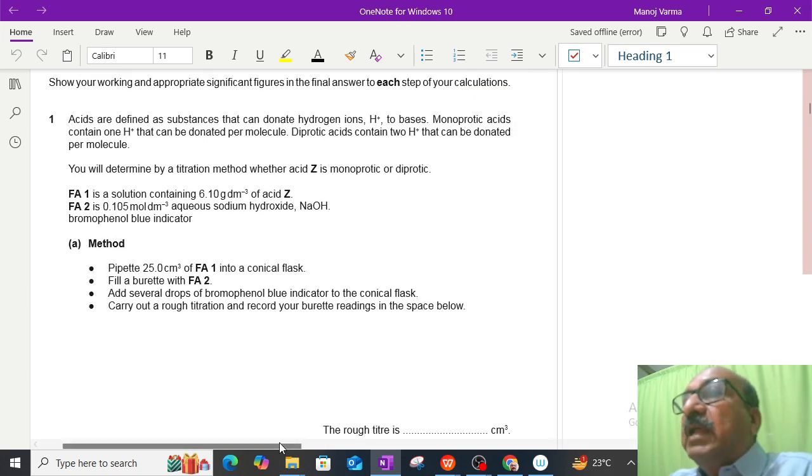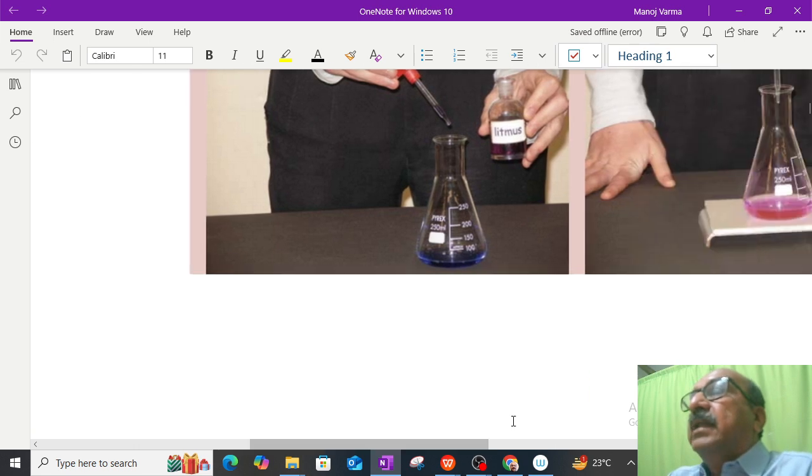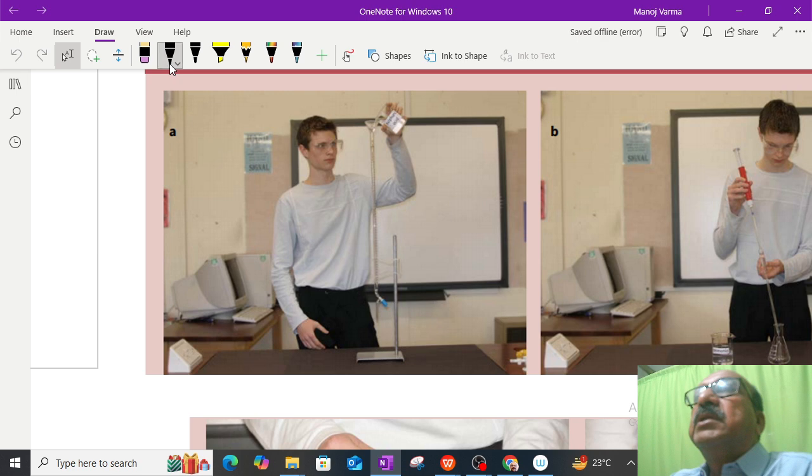So you have definitely performed a titration in your school, and just to show you how you have to perform the titration, this is what you see, how a student is performing. So right, you know that this thing over here is called the burette, right?